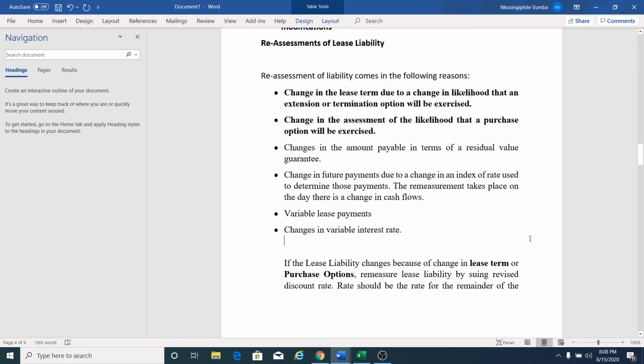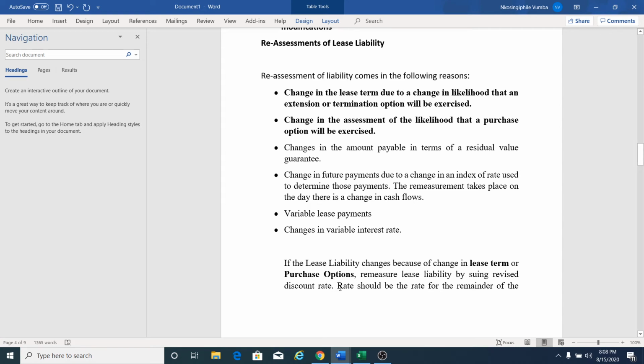If it changes because of that, you need to remeasure your lease liability by using the revised discount rate, which means using the new discount rate. This is important in the remeasurement of lease liability. If it changes because of lease term or purchase options, use the revised discount rate.